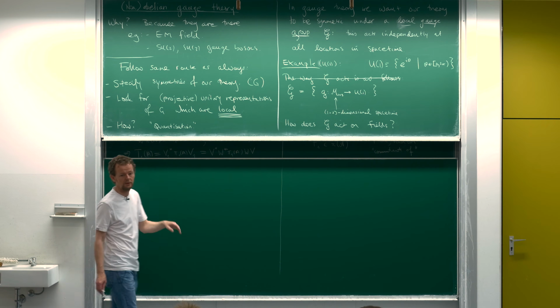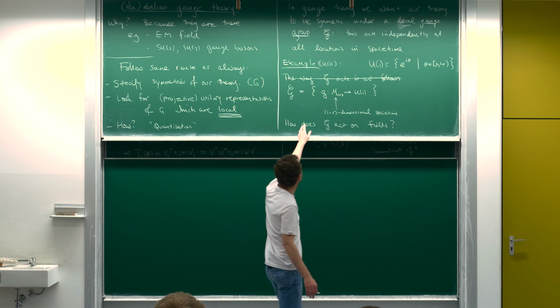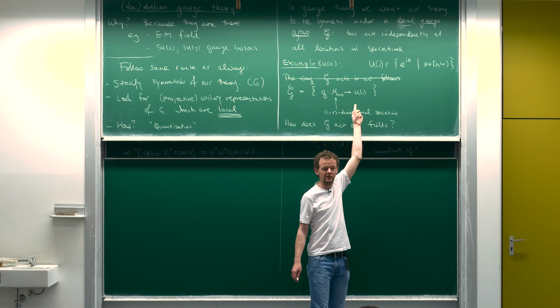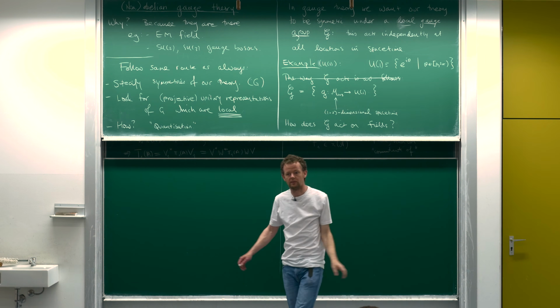So all of the local gauge groups that we consider in this course will be of the form of some continuous Lie group acting independently at every location in space-time.